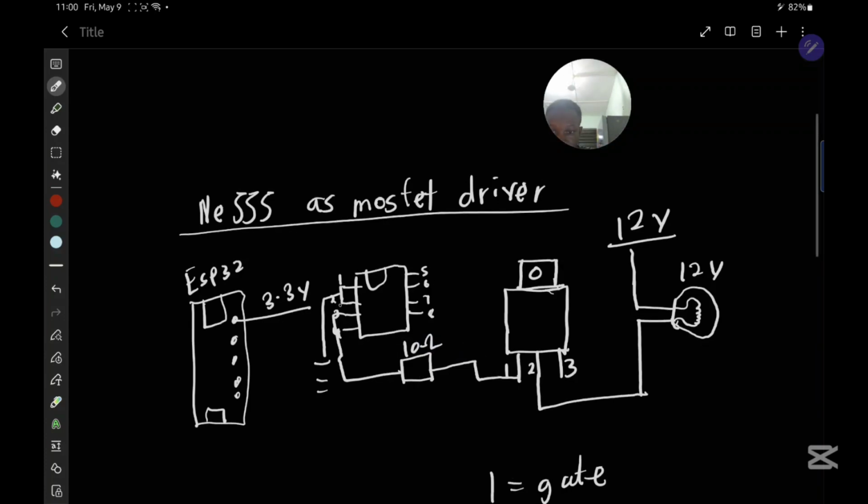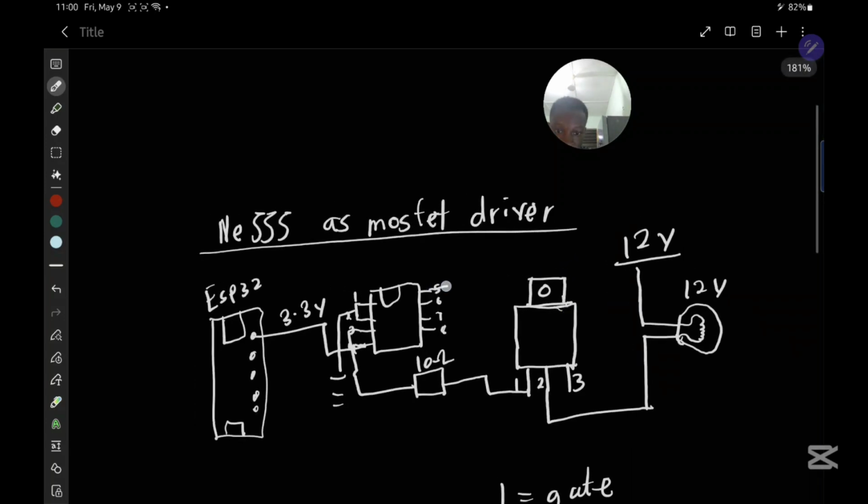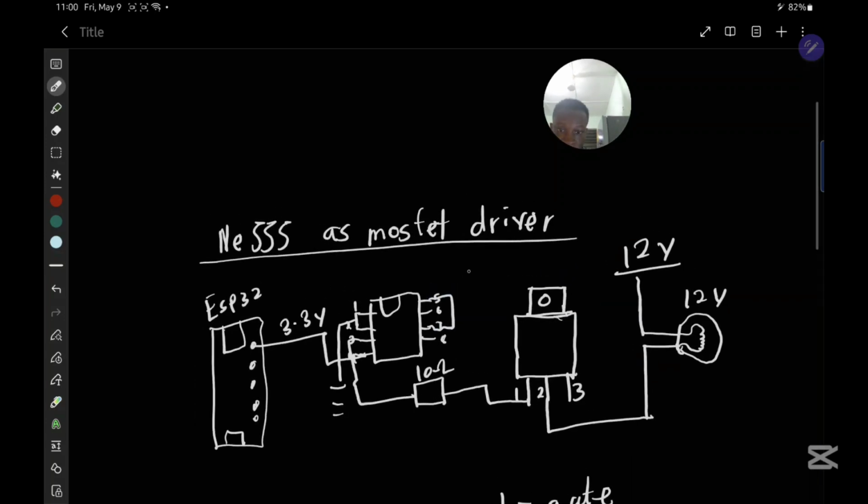And the last pin over here, pin 4, goes to our ESP32's output, so the PWM signal from our ESP32 goes to pin 4, which is the reset pin. Pin 3 is the output pin. Now pins 5 and 7 are going to be connected together.